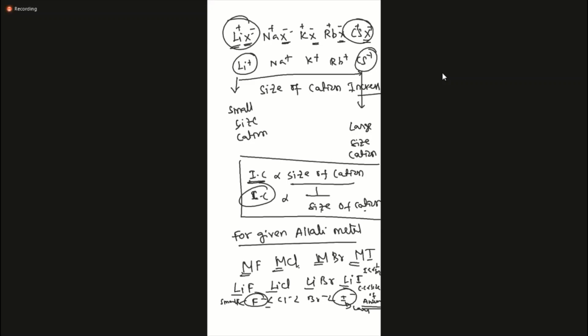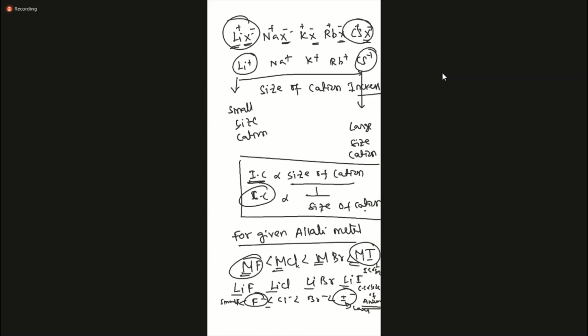If it is a large size anion, which character increases? Covalent character increases. If a small size anion, which character increases? Ionic character increases. So down the group, covalent character increases. Understand now? MF, MCl, MBr, MI. Which is more covalent character? MI is more covalent character.